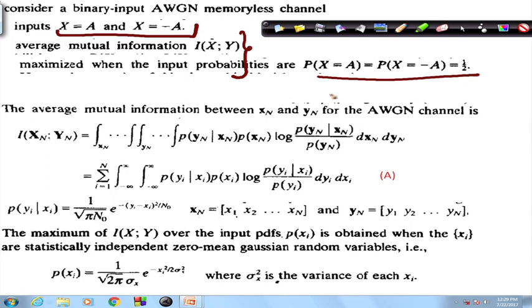Okay. So, we are not saying P is equal to half, mind it, that is not what we are saying over here. We are saying that the probability of selecting the source symbols is half. These are two very different things. Okay. And the average mutual information between the input vector and the output vector in an AWGN.